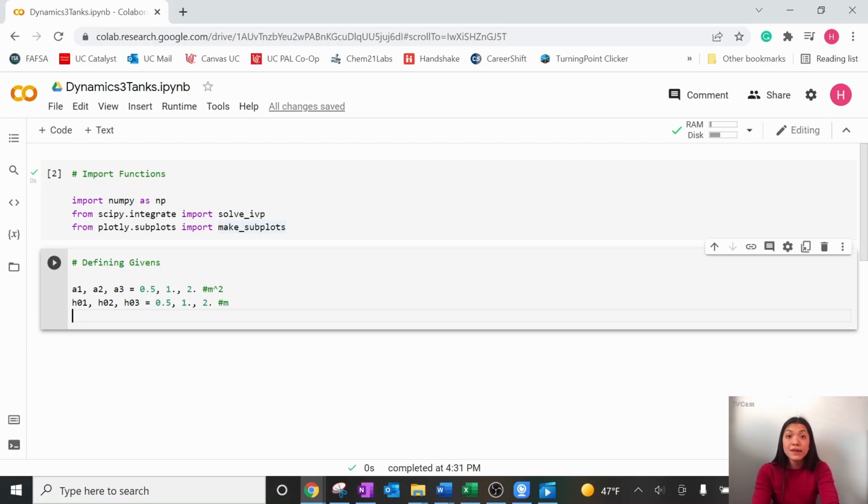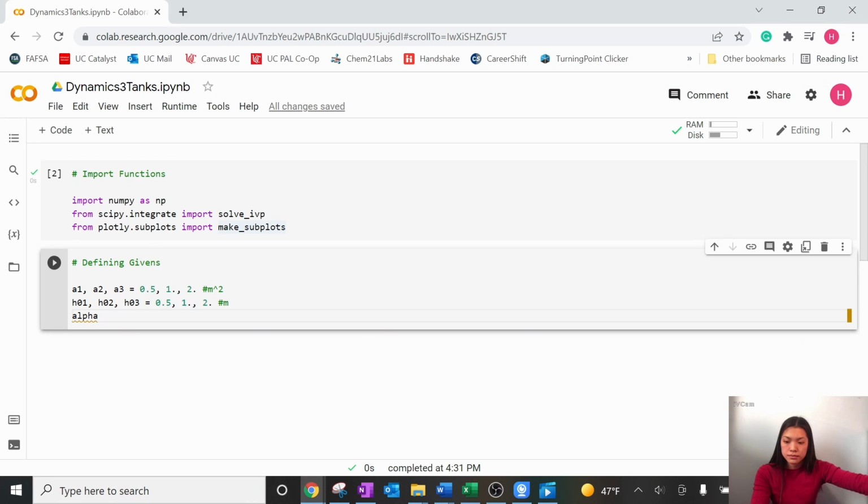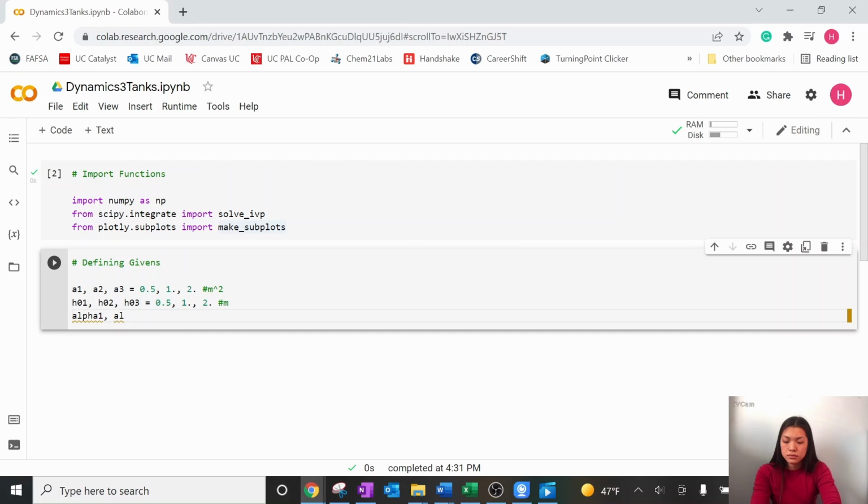We are also given proportionality constants of the flow from tank 1 to tank 2, from tank 2 to tank 3, and out of tank 3. So from tank 1 to tank 2, it is 0.1.